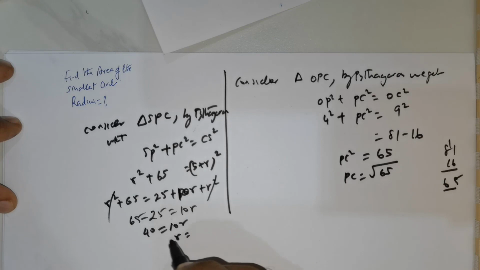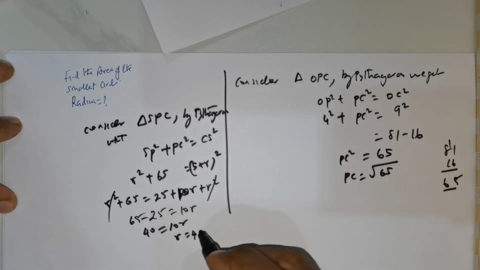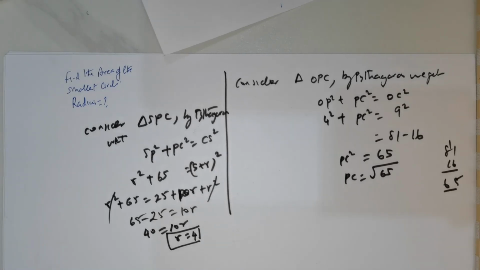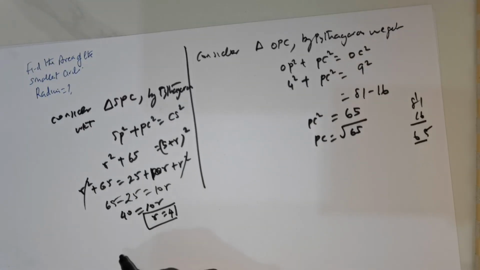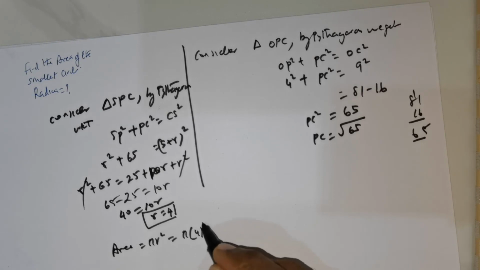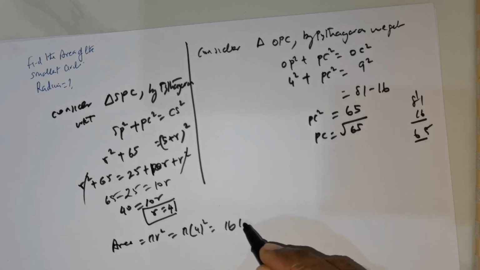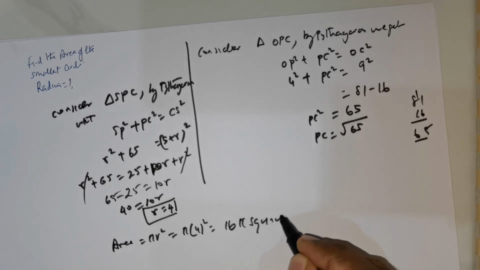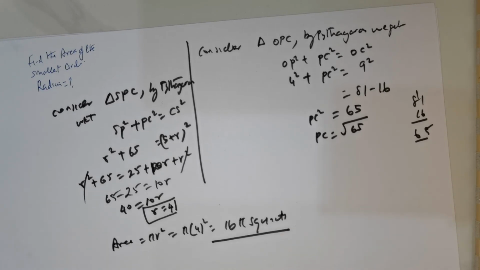Therefore R is equal to 4 units. So this is the value of R. Subsequently we can calculate the area of the circle. Area is pi times R squared, pi times 4 squared, which is nothing but 16 pi square units.